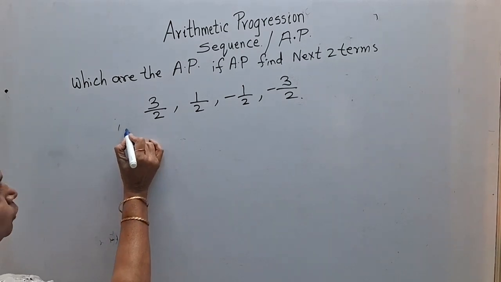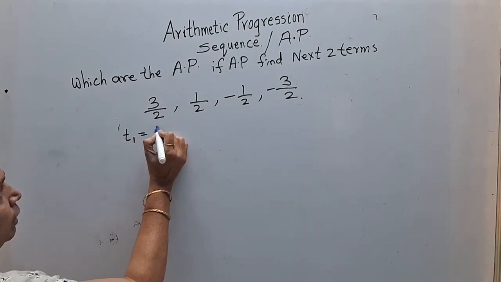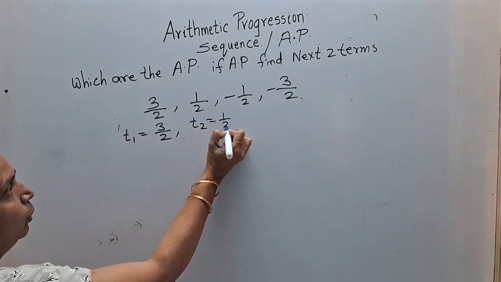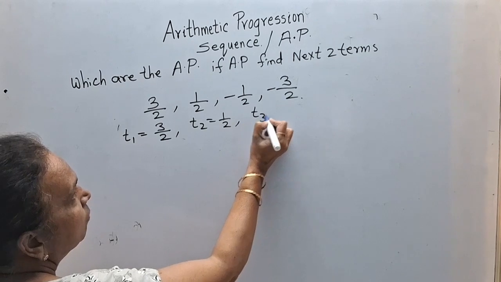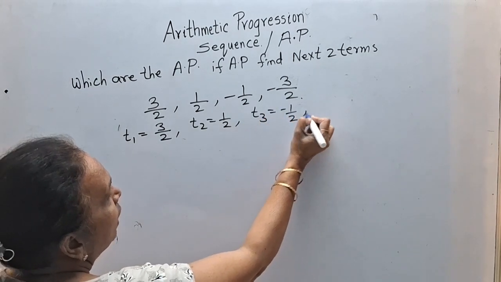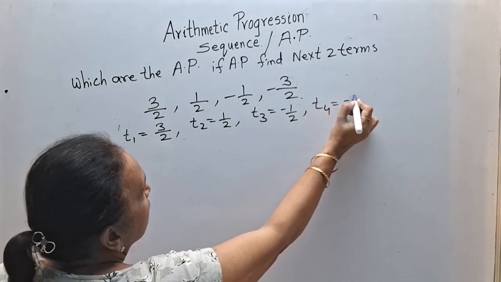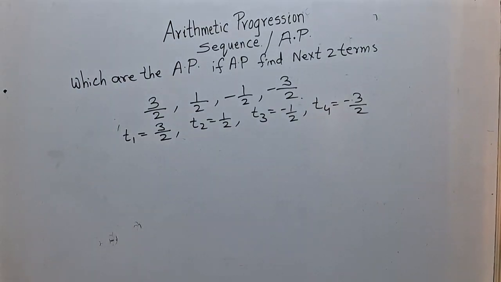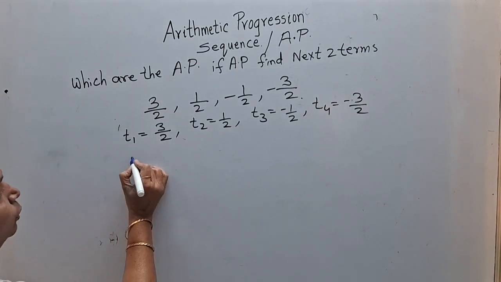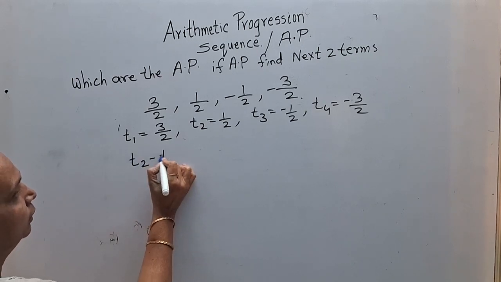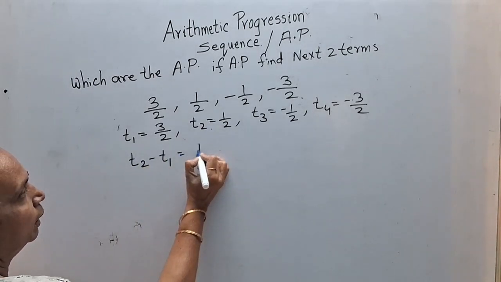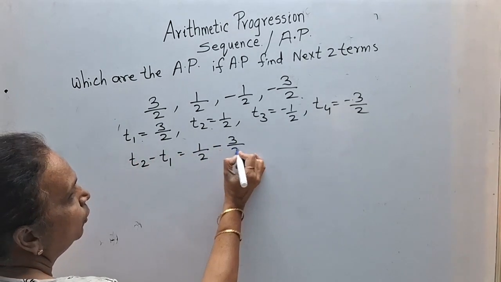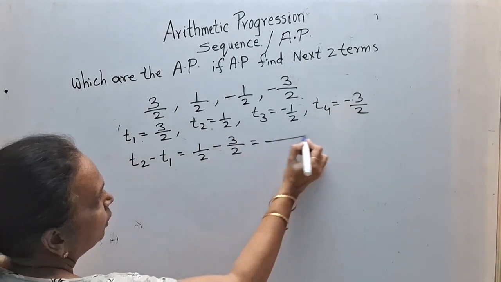For that, first you write T1 is 3 upon 2, T2 is 1 upon 2, T3 is minus 1 upon 2 and T4 is minus 3 upon 2. Now we are finding the common difference. So you write T2 minus T1. T2 is 1 upon 2 minus T1, which is 3 upon 2. The common denominator is 2.